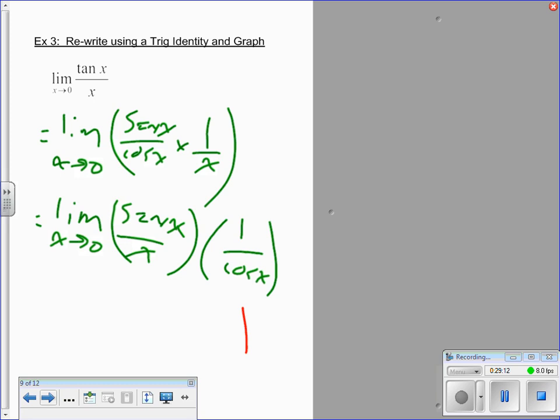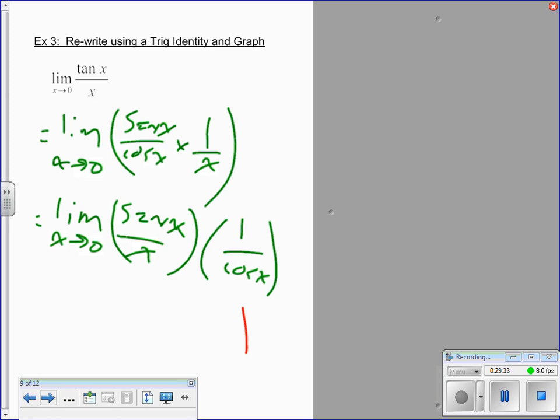So, although this does not exist at 0, when I put x in, the numerator approaches 0 and the denominator approaches 0. Remember, it's not what it is at 0, it's what it approaches.